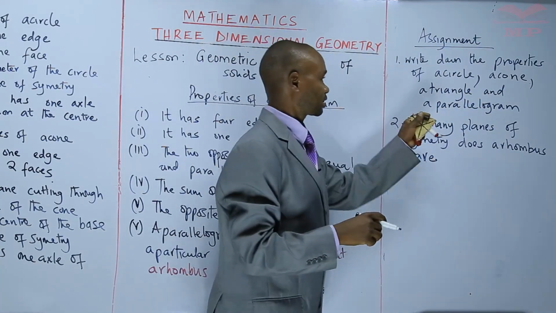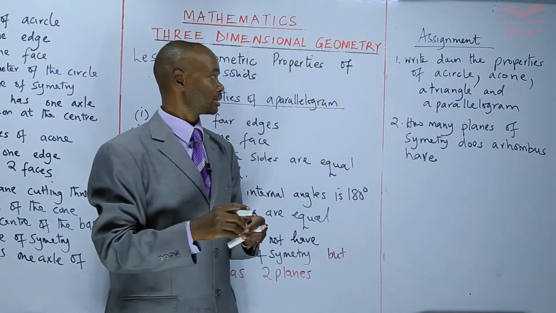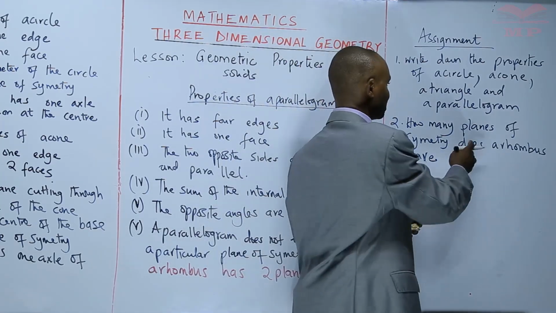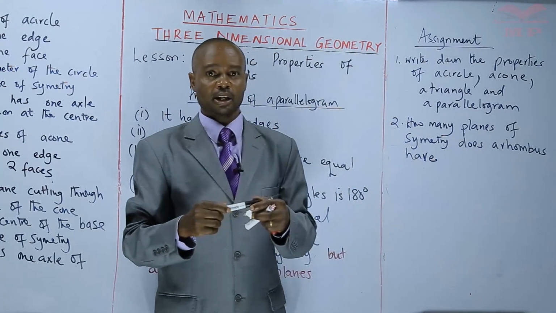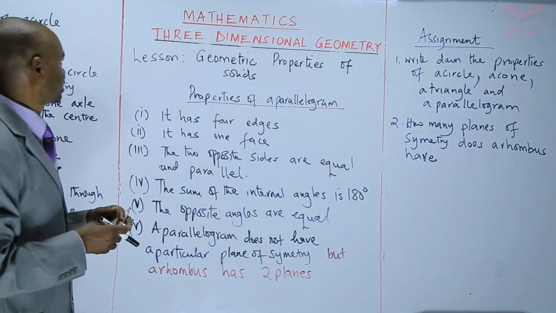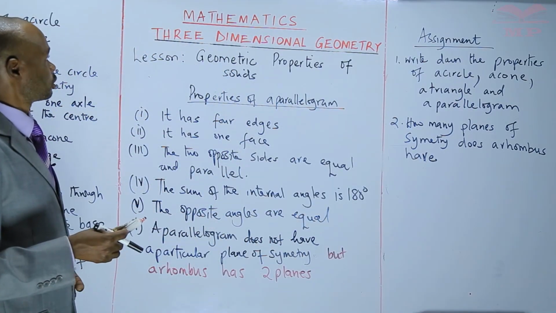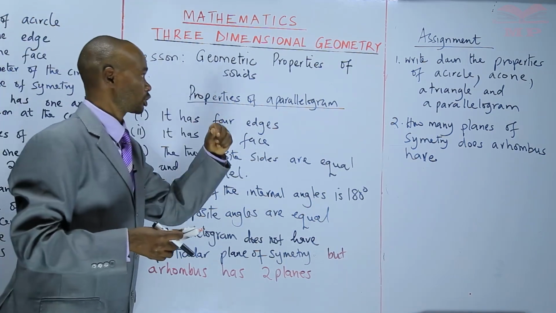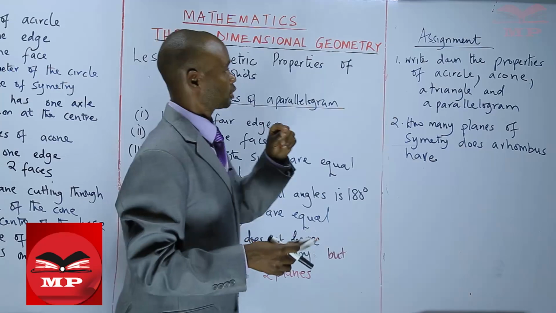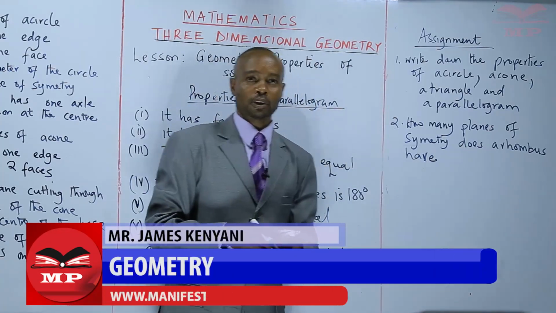The properties of a circular cone, a triangle, and a parallelogram. Then how many planes of symmetry does a rhombus have? The objective of the lesson on the geometric properties of solids was for us to get the properties of those four solids.